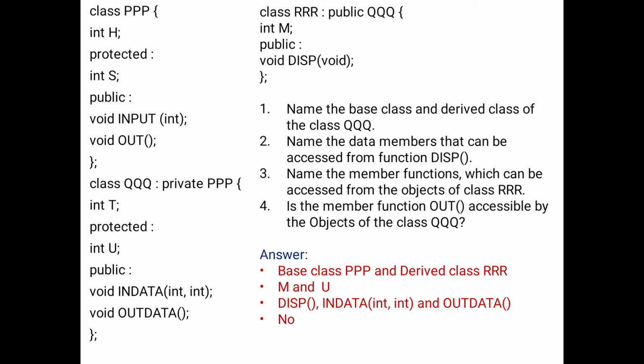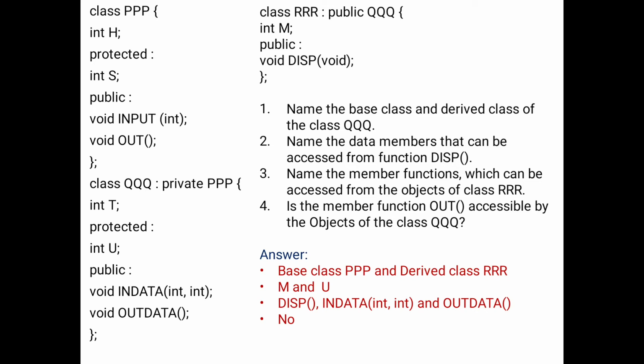However, a derived class can have access to the protected data members, provided the inheritance is made public or protected, but not private. It also has its own public member functions, that is void input and void out. The input function declares an integer type parameter within the parenthesis.